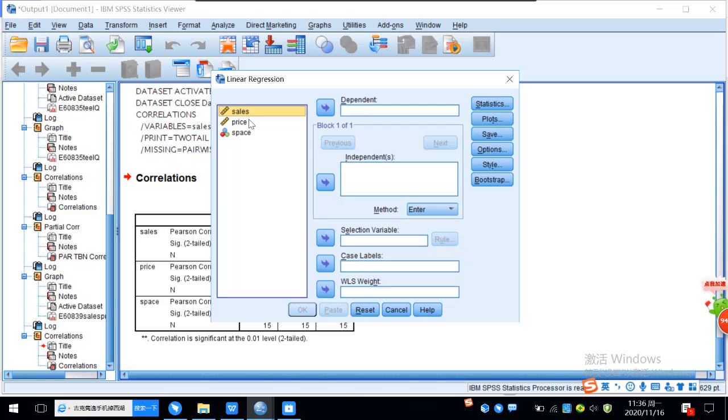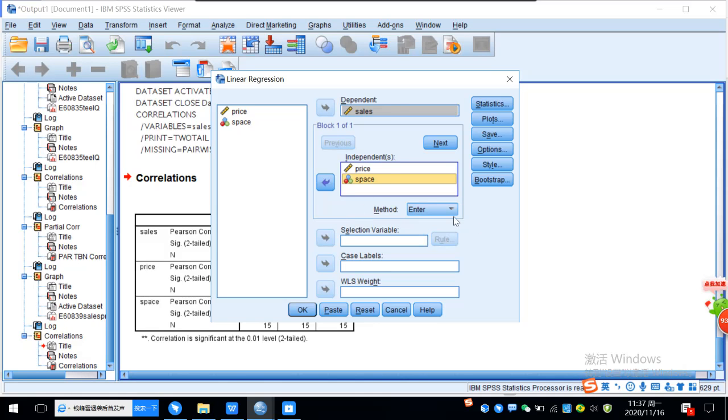Dependent variable is y. Y is sales. Independent variables are x1, x2, this time price, space. Okay. Now we will use the default method, enter.